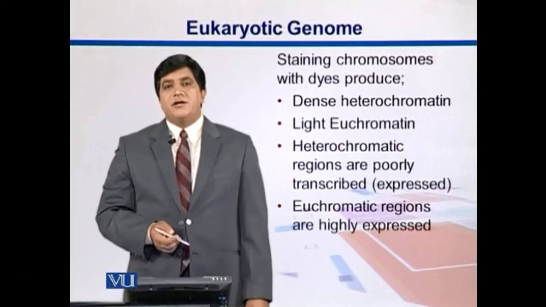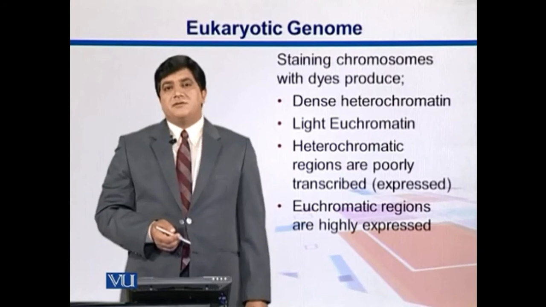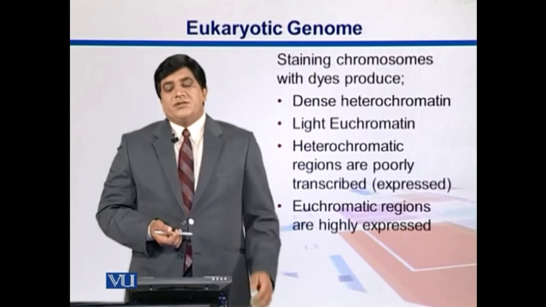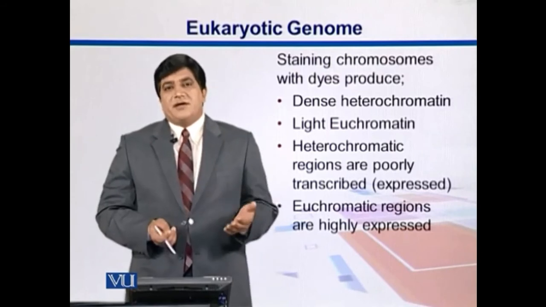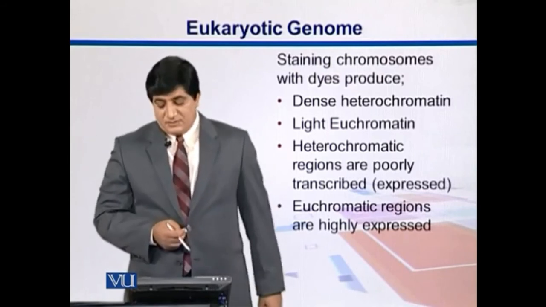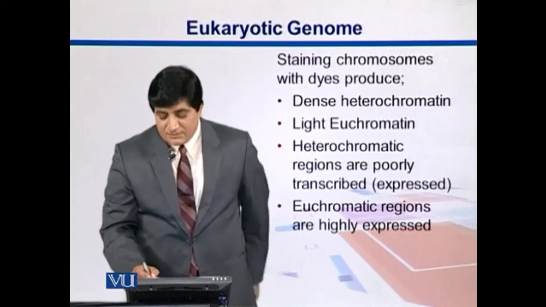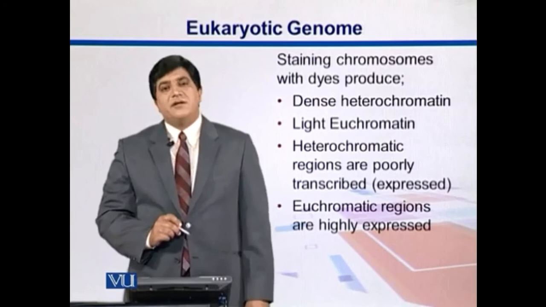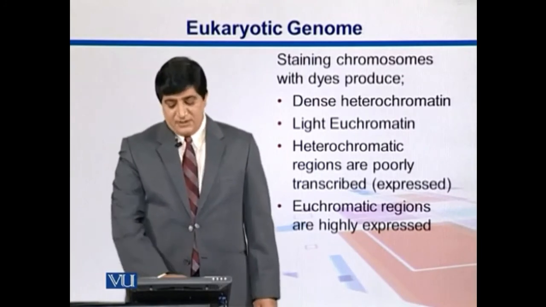If we look into gene expression, the heterochromatin regions are packed, so the enzymatic machinery cannot reach there. So these regions are poorly transcribed or poorly expressed. Whereas the euchromatin regions are mostly highly expressed.